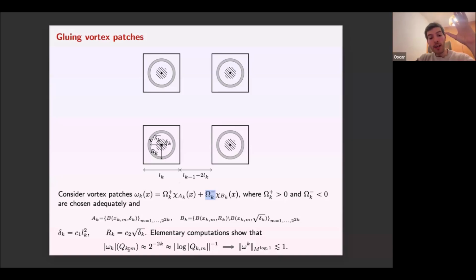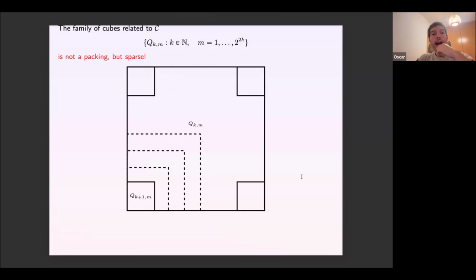And from here, one can pass to any cube via a bootstrapping argument, and then show that omega k has this modulus of regularity, the desired modulus of regularity. This still is not enough, because now one needs to get the failure of energy conservation, the concentration cancellation.